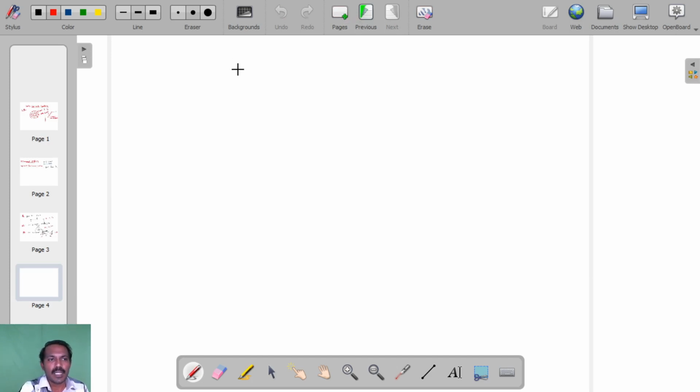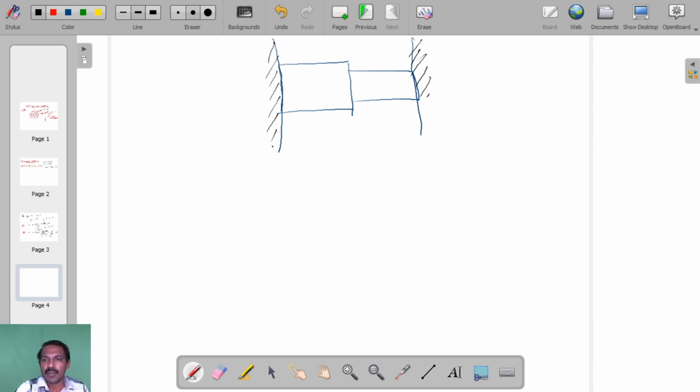We consider one bar whose first end and last end are fixed. We can divide this bar into two elements, element 1 and element 2.